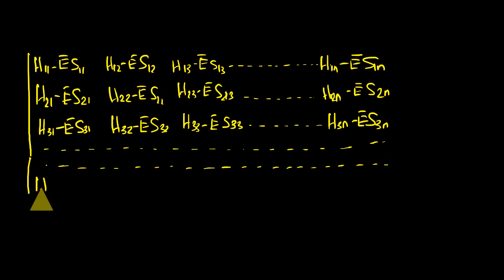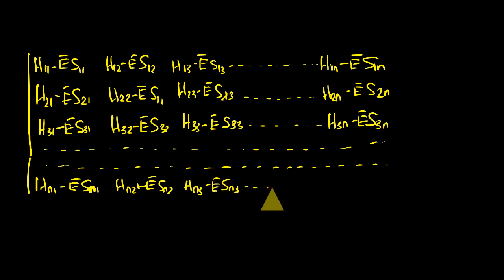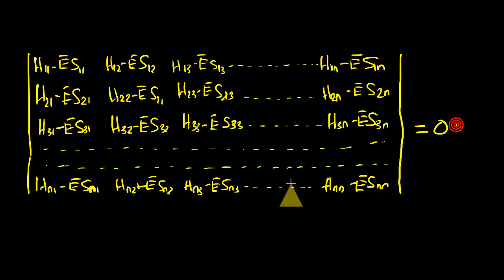So that is hn1 minus E bar sn1, then hn2 minus E bar sn2, then hn3 minus E bar sn3 etc. to hnn minus E bar snn. So this is a determinant having n rows and n columns, and that is equal to 0. This determinant is called a secular determinant.